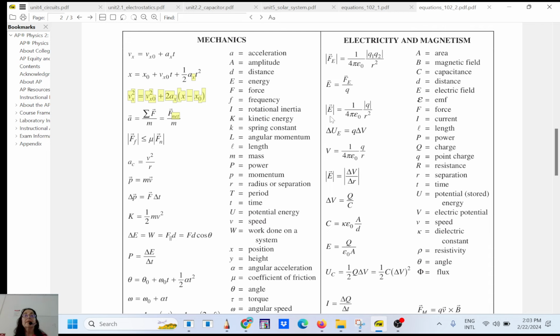So electric field is a vector. It has a magnitude. The magnitude of the electric field is the force per unit coulomb. Okay, so if you have 1 coulomb of charge placed in an electric field, it will be acted upon by a force, right? So I'm reviewing also for the test.